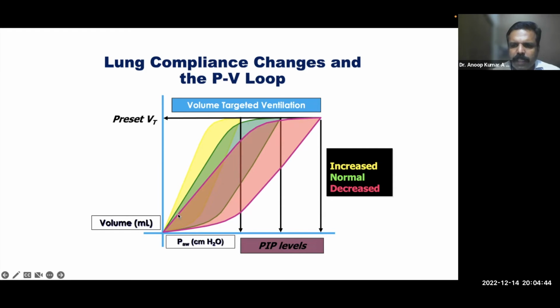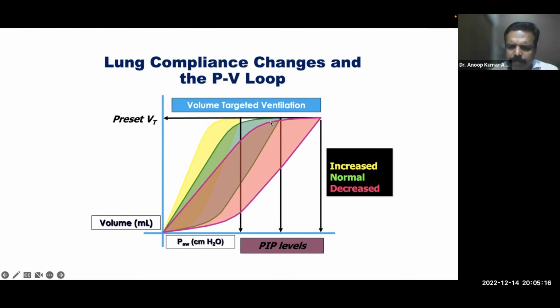How are you going to utilize that clinically or practically? Suppose after applying the PEEP, you want to know whether the patient is having better compliance or better oxygenation. You look at two things: either compliance or oxygenation. These are the two ways by which you see whether the recruitment is working properly, or you are recruiting more and more alveoli. If the curve is shifted towards this axis, that means your PEEP is working and you are recruiting.